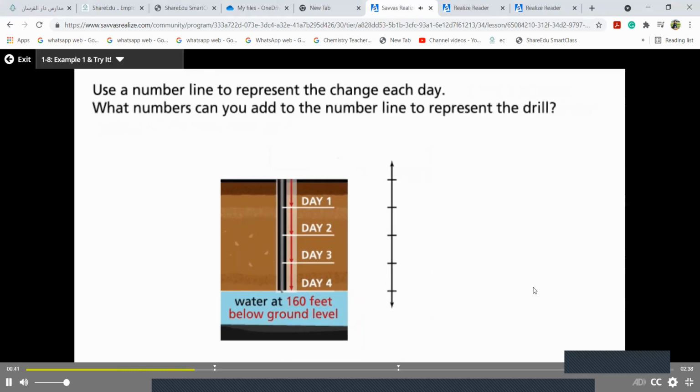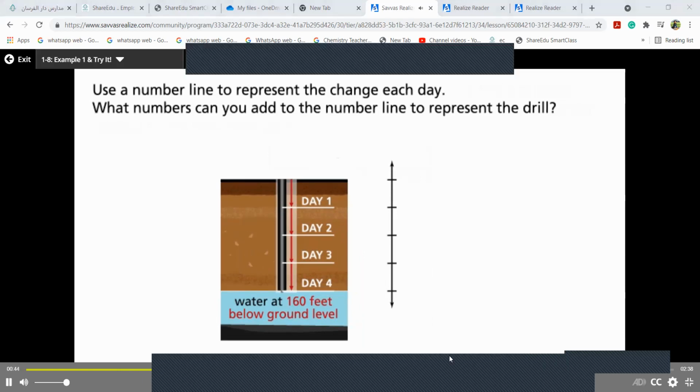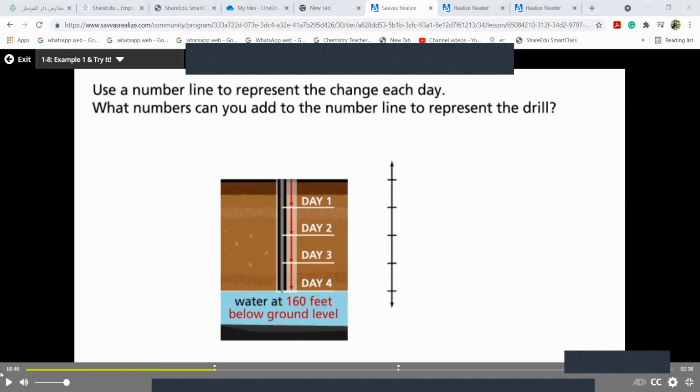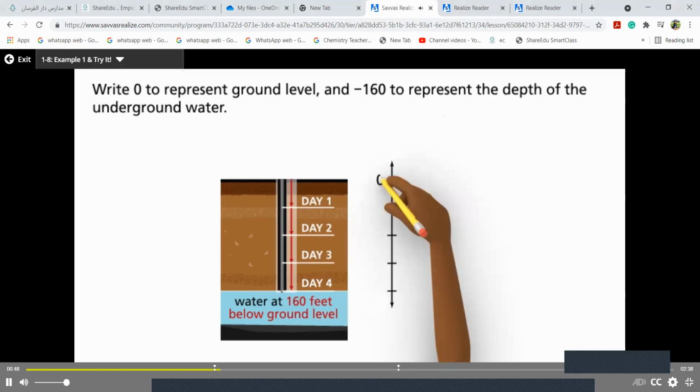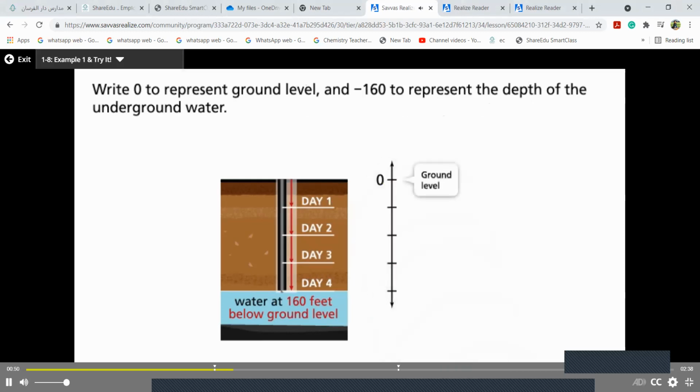What numbers can be added to the number line to represent progress of the drill? 160 divided by 4. Write 0 to represent ground level and negative 160 to represent the depth of the underground water.